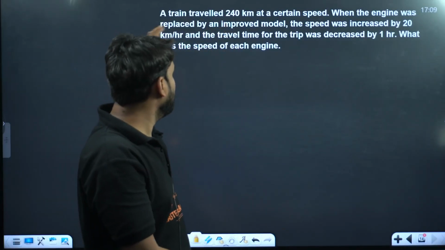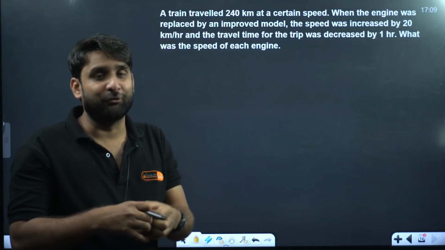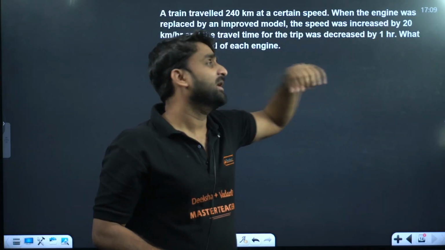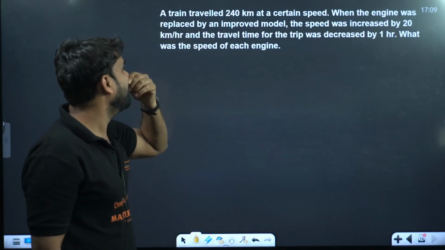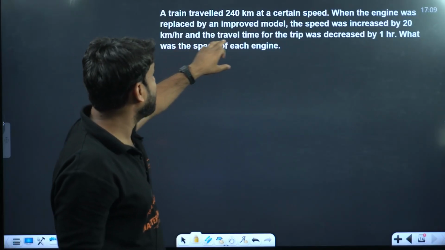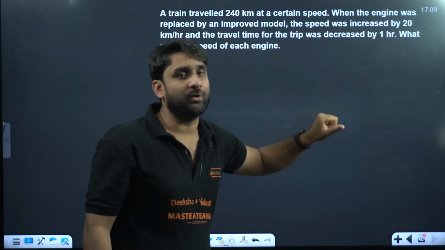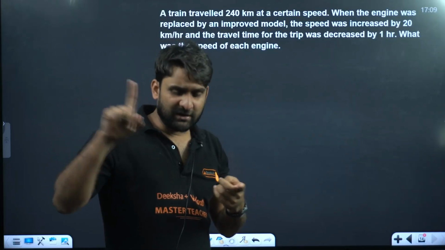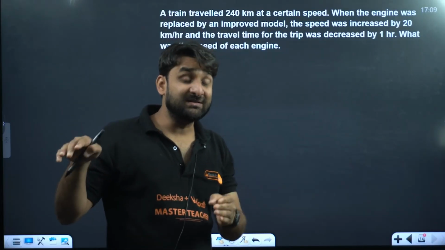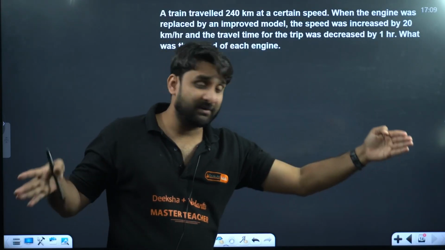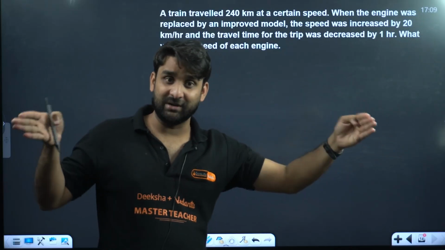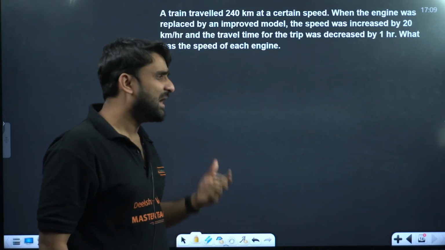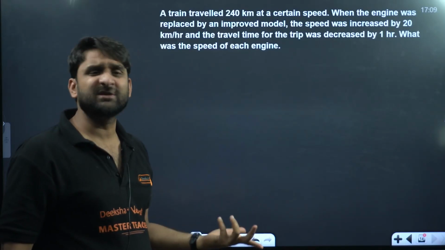After some time, the engine was replaced by an improved modern engine, so the speed was increased by 20 km per hour, and the travel time for the trip decreased by 1 hour. What was the speed of each engine? We don't know the speed of each engine.